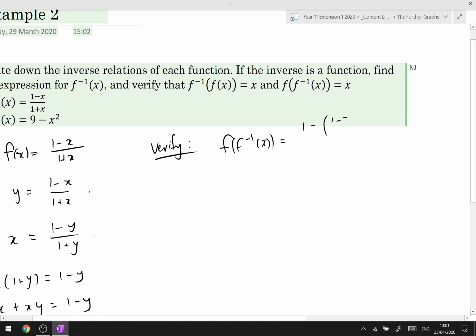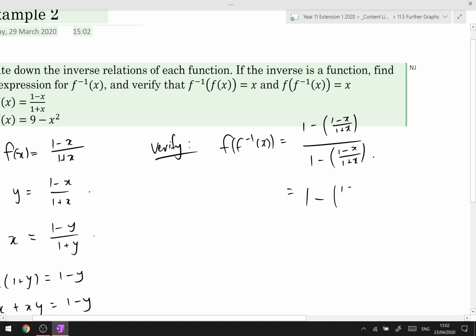Okay, so doing this one, let's split it up into two parts. So 1 minus x over 1 plus x, and now that's going to be divided by 1 minus x over 1 plus x.